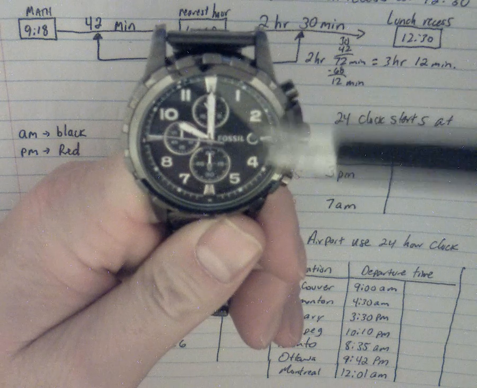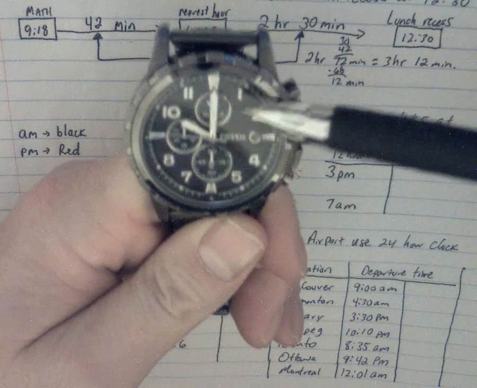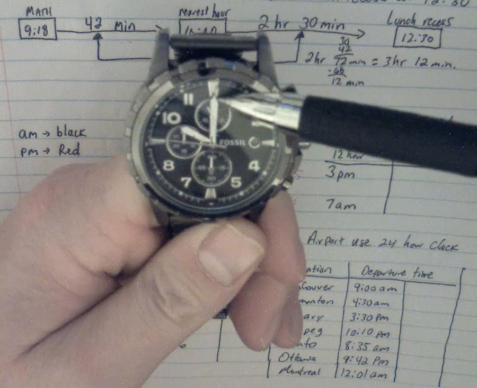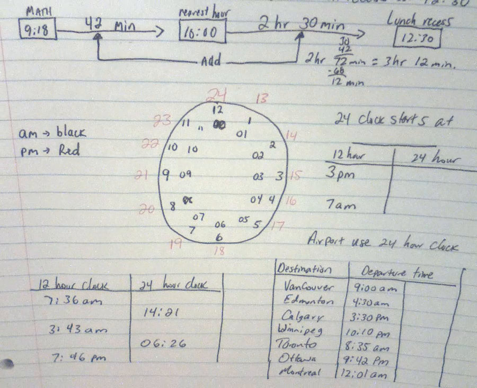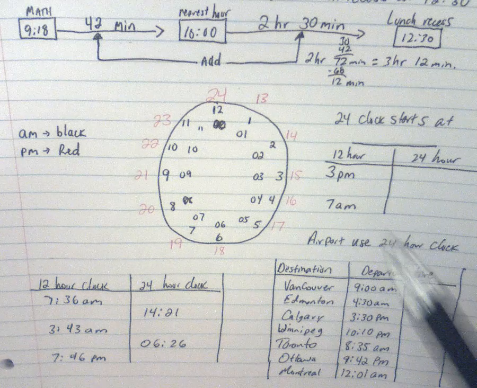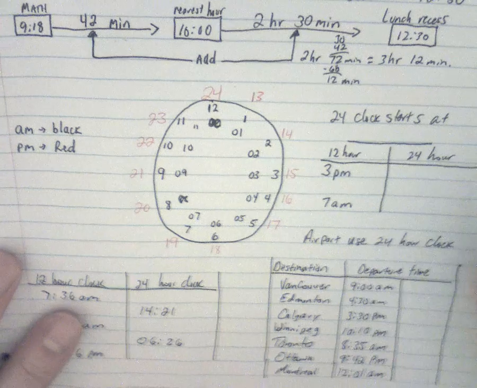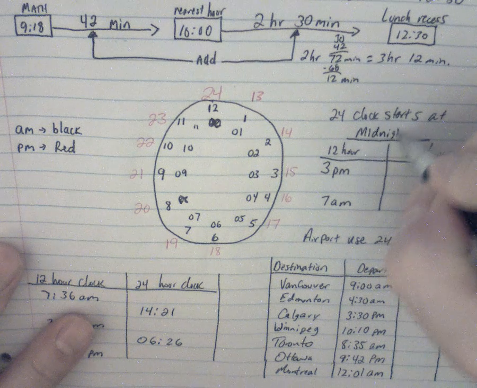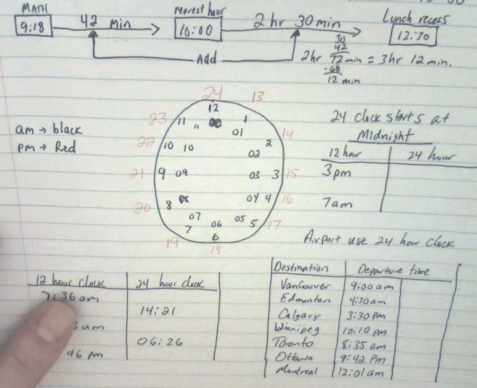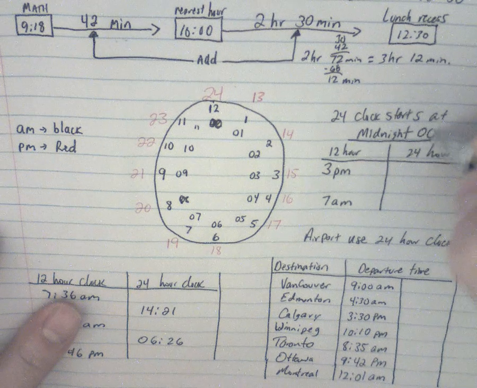But this is a 12-hour clock because the only numbers you see are 1 through 12. Now the 24-hour clock begins at midnight. So the 24-hour clock starts at midnight, and what I mean is it starts at 00:00.